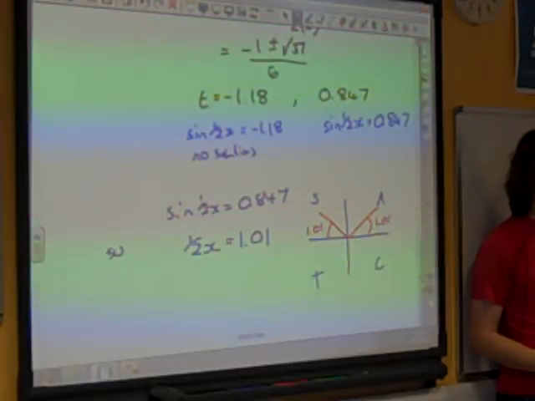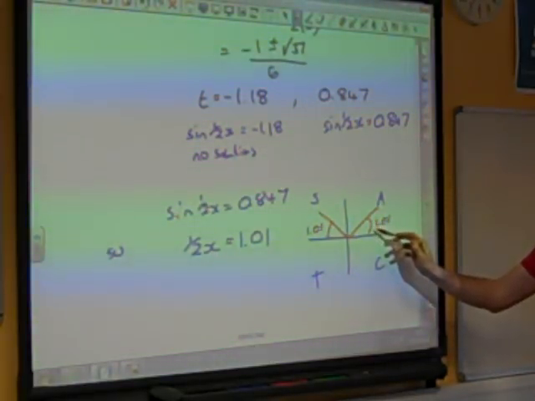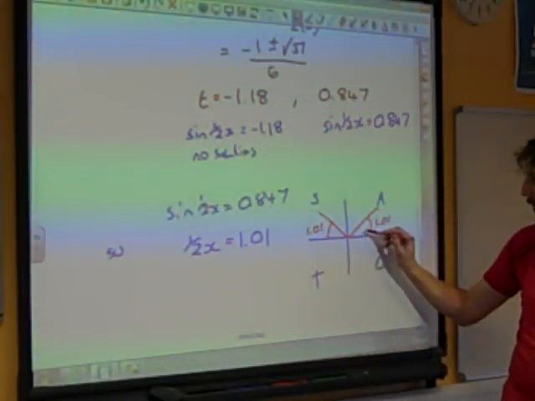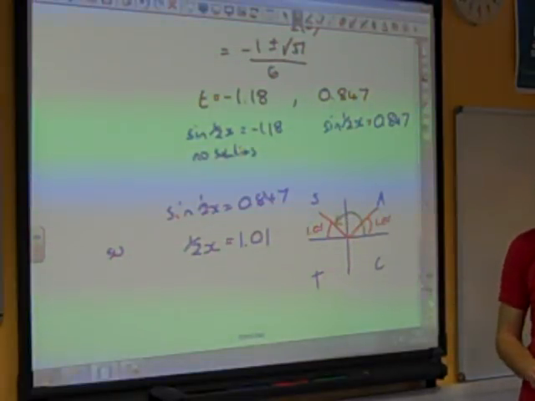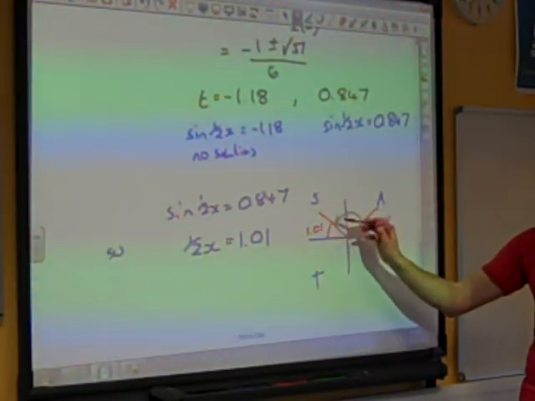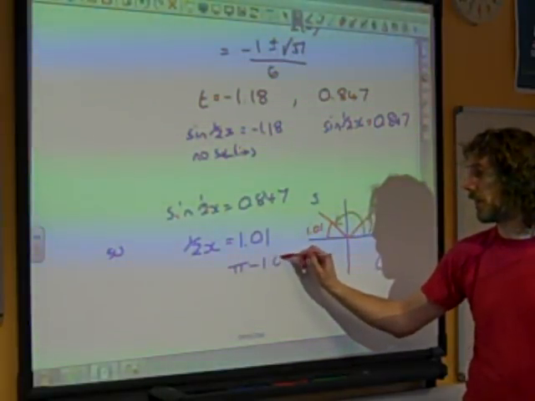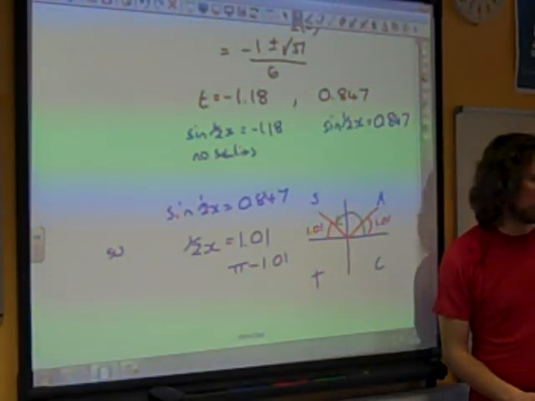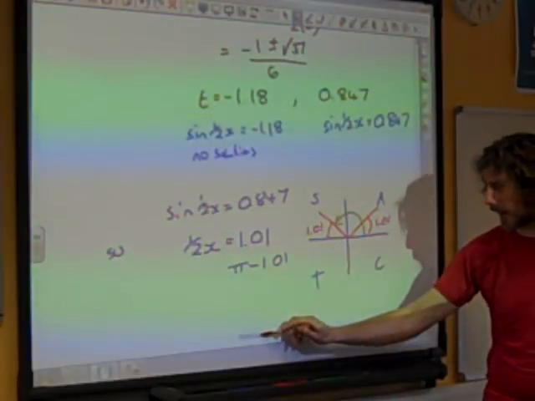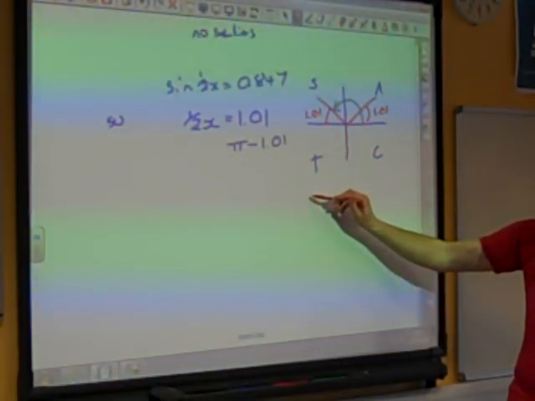The two angles I'm after are 1.01, and the second one, measured round from there to there, is 1.01 less than pi. So my second value is pi minus 1.01.